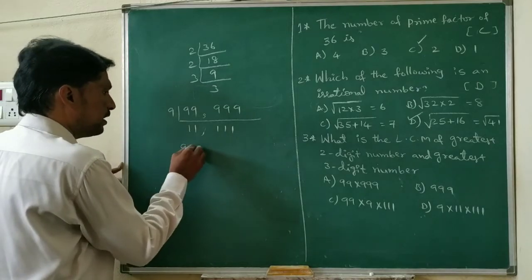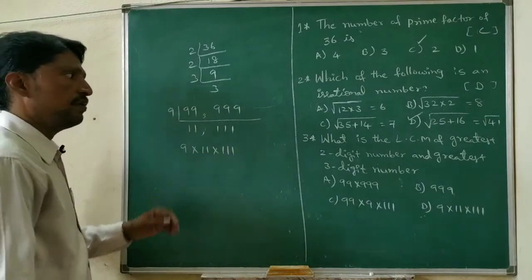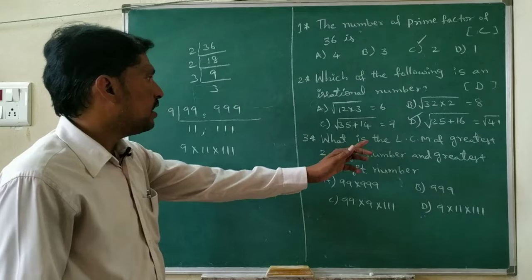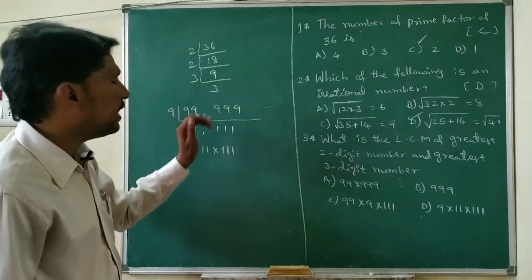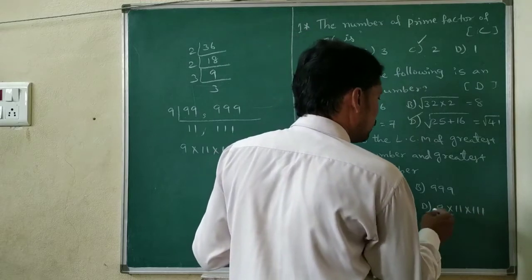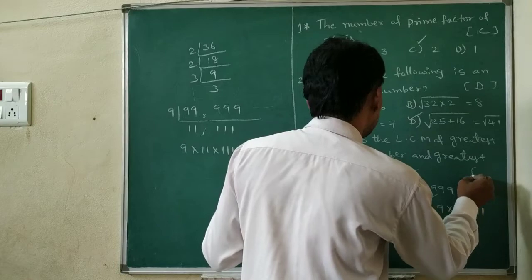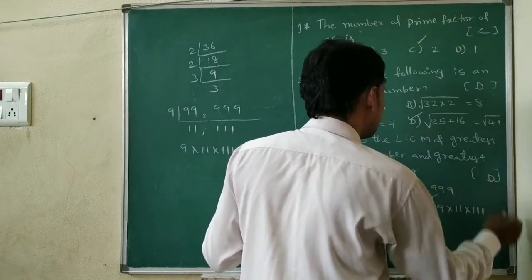So we can write 9 into 11 into 111. 111 only we need to write. So what is the LCM of 99 and 999? That is 9 into 11 into 111. Means option D is correct.